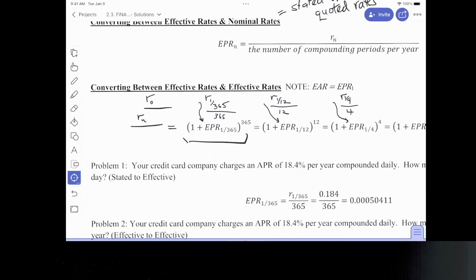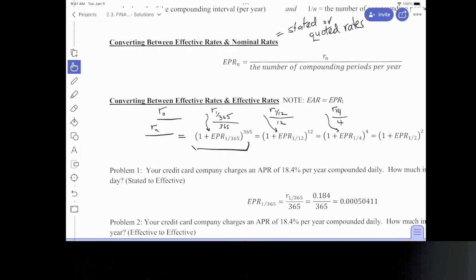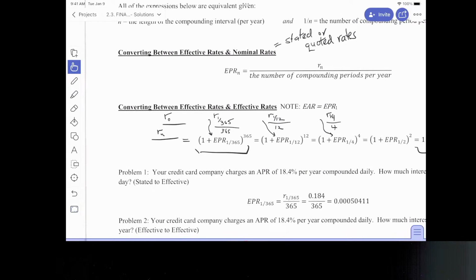Now remember the relationship between the length of the compounding interval called n, and the number of compounding periods, it's the inverse. So I want to divide by 1 over n, just like here, 1 over 365 is divided by the inverse of 1 over 365, which is 365.